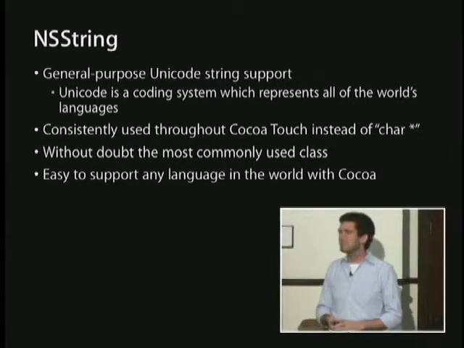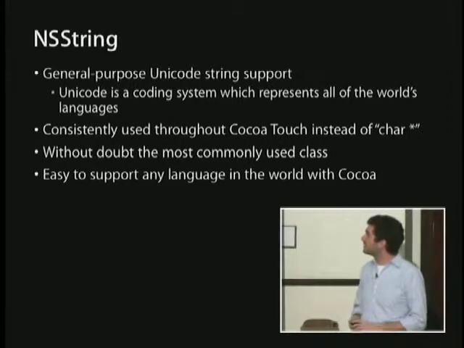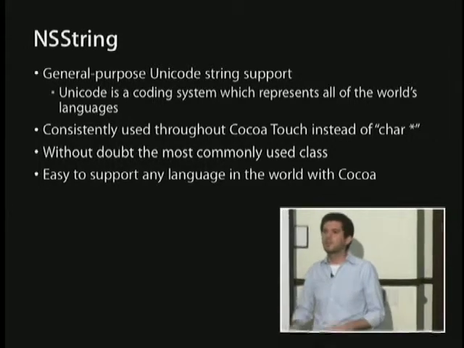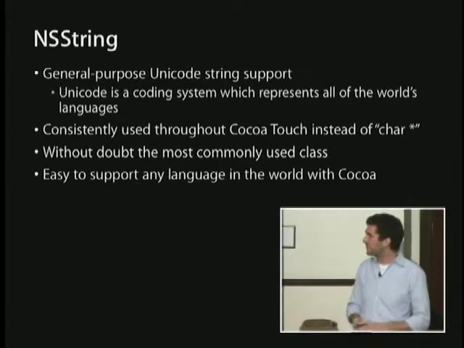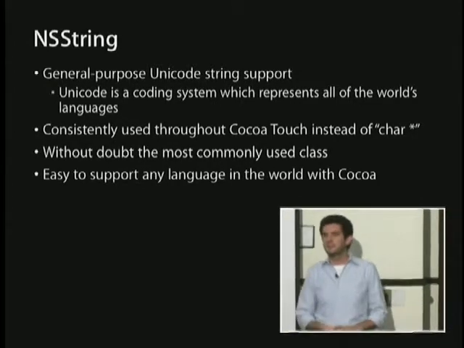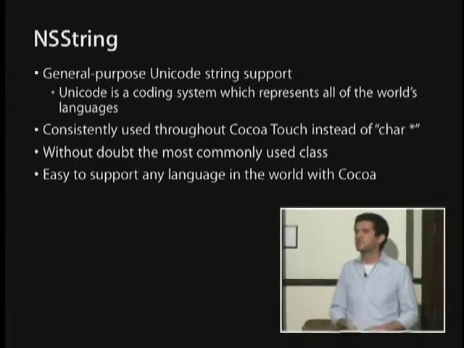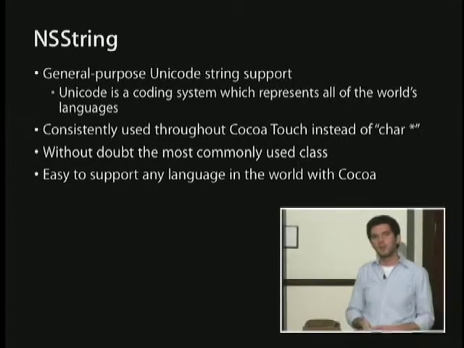You're going to be dealing with this one a lot. It's everywhere. It's a Unicode-based string. All of the data behind the scenes that it's storing is all in Unicode, so it can deal with all the languages of the world and represent all kinds of great stuff. The fact that this is the basis of all our strings throughout Foundation and UIKit means you can easily deal with all kinds of different languages without having to worry about the specifics of how Unicode works.